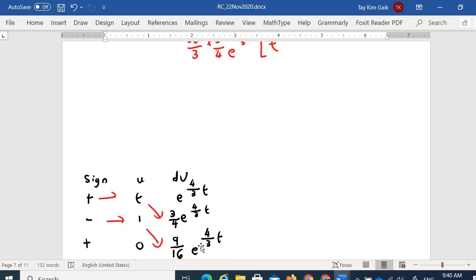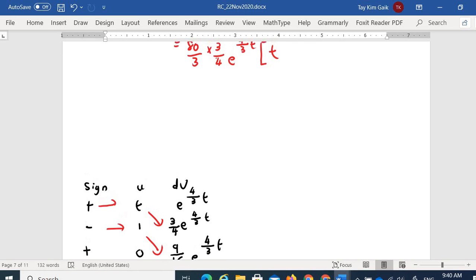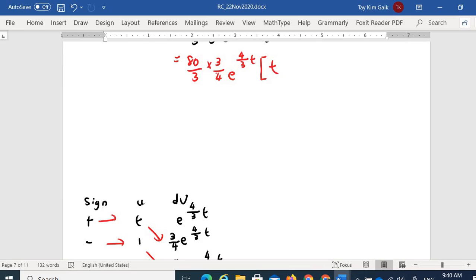This one also, exponent 4 over 3, you got the term 9 over 16, which is actually 3 over 4 squared. So minus 9 over 16, the second term, plus C.